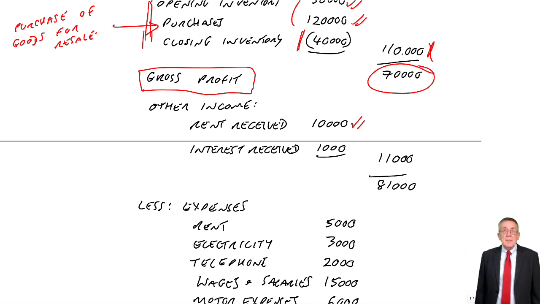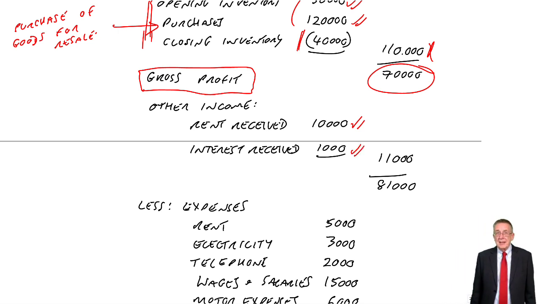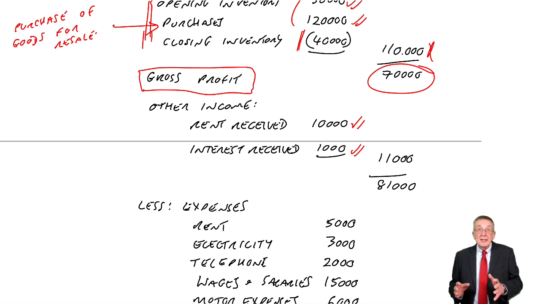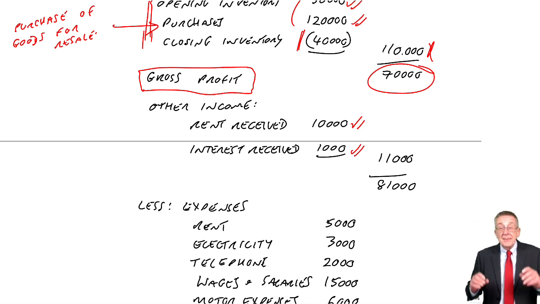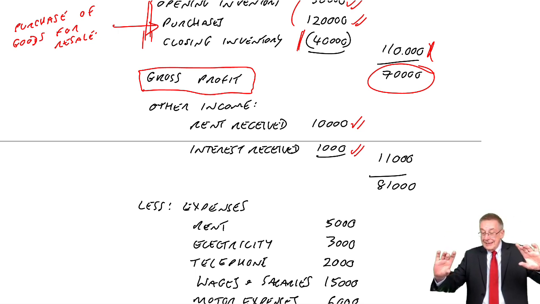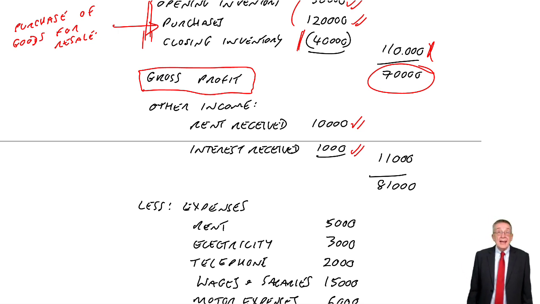Maybe I've got lots of money in the bank and it's earning interest. So again, I receive some income from interest. If there is any other income, we add it on. So the gross profit is the profit from what you're selling, sales less the cost of sales. Increase the profit separately by any other income.